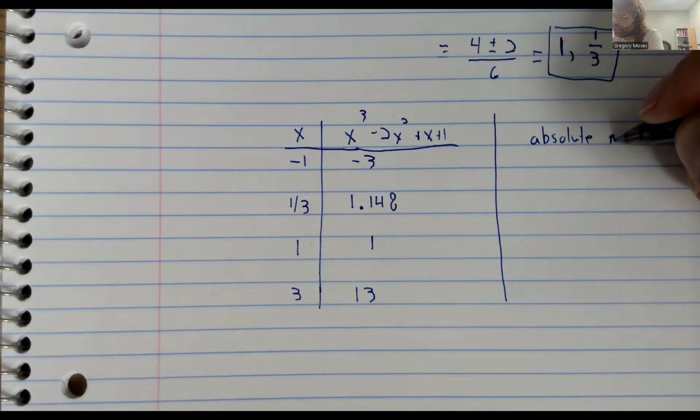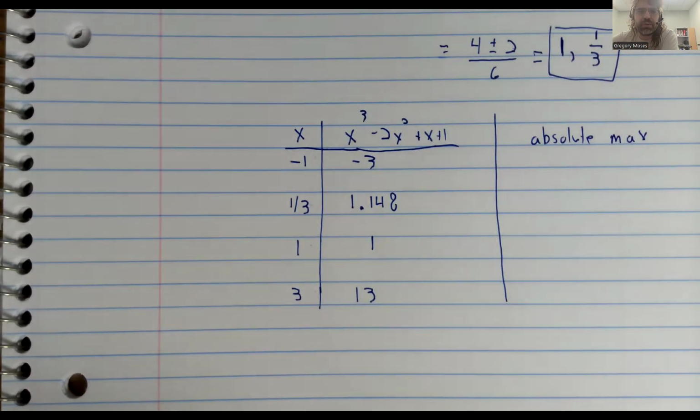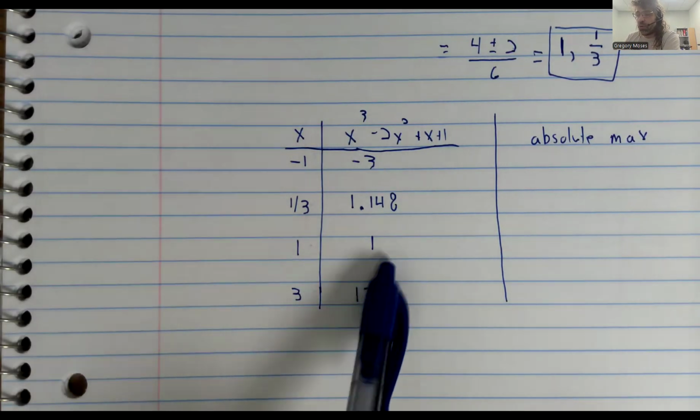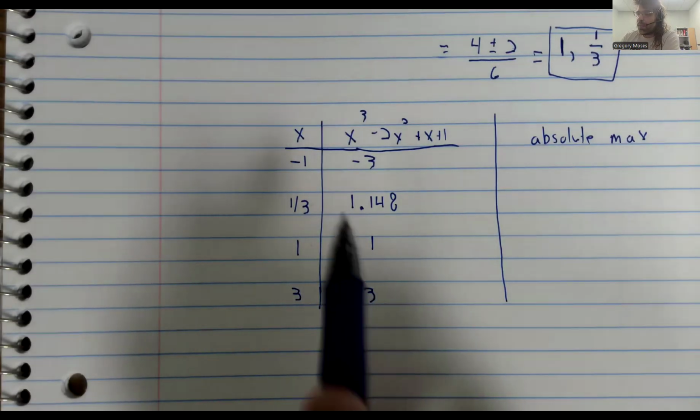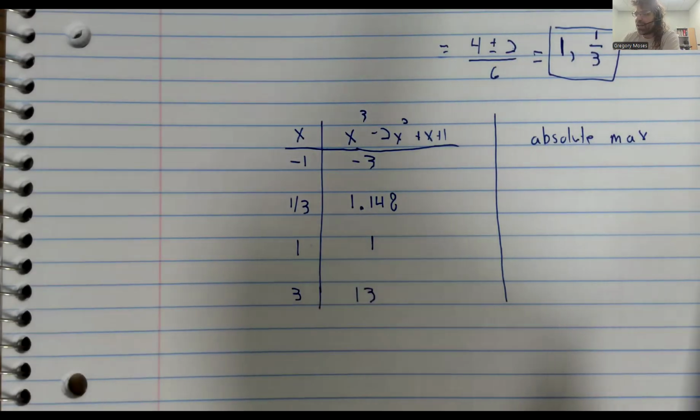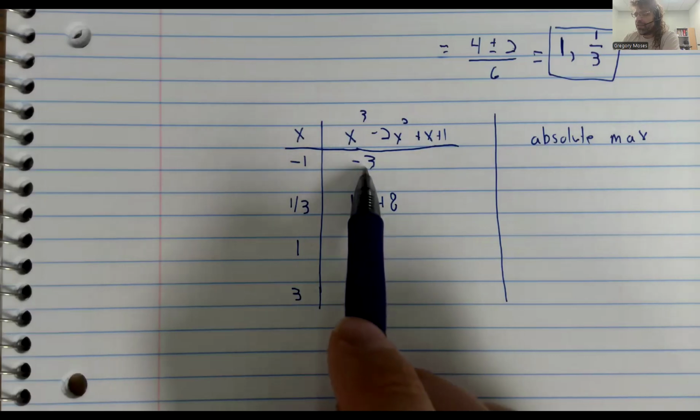And we ask, okay, so what's the absolute maximum? This function has a maximum value. That's the extreme value theorem. The maximum value occurs at one of these four values. Is the maximum value going to be -3?